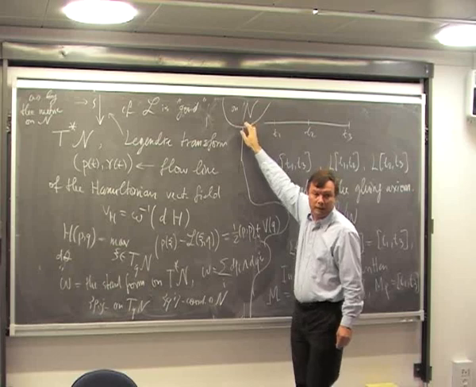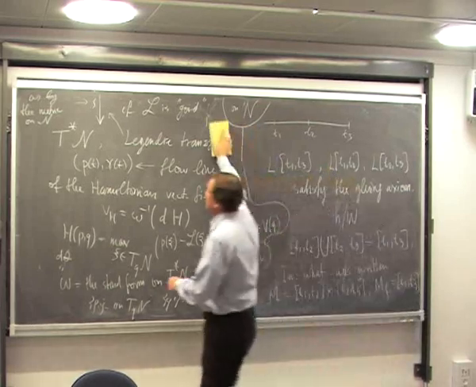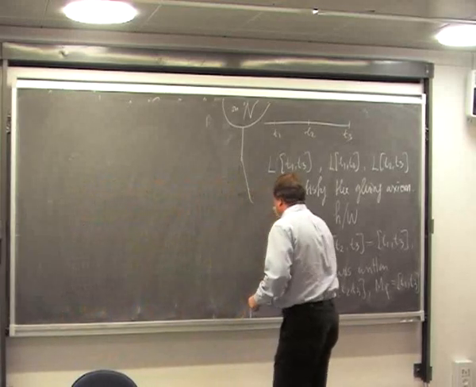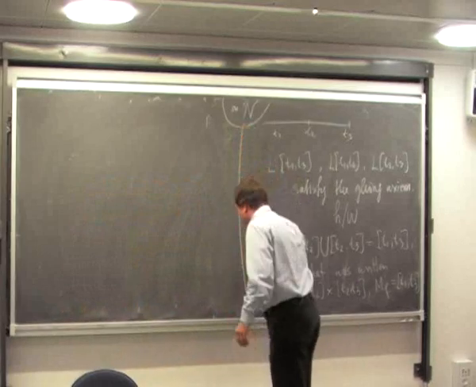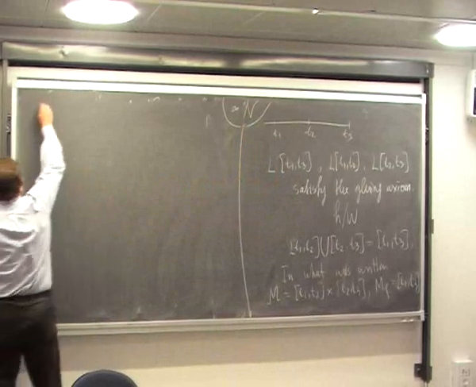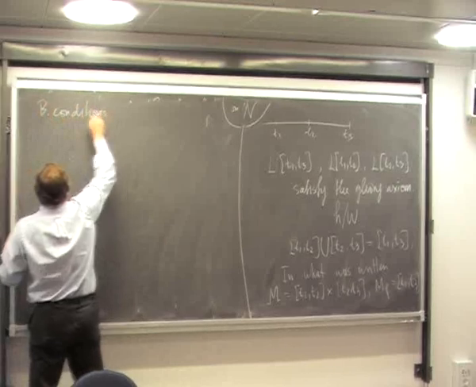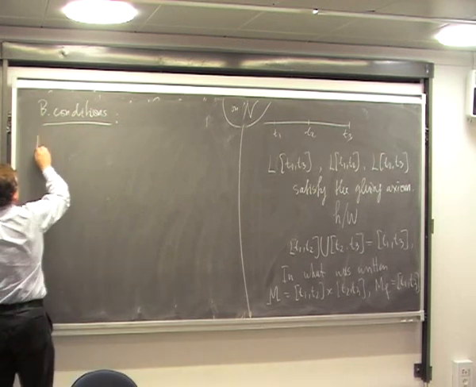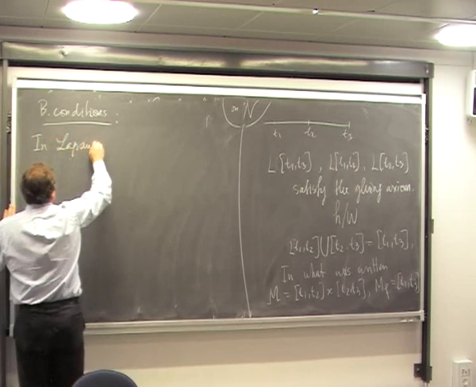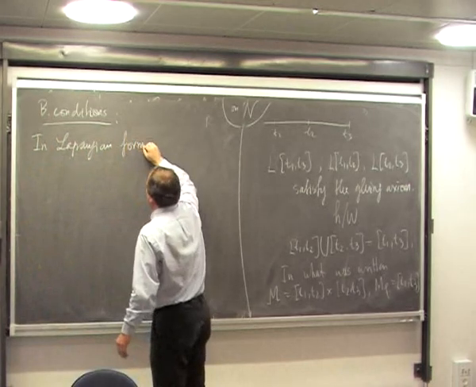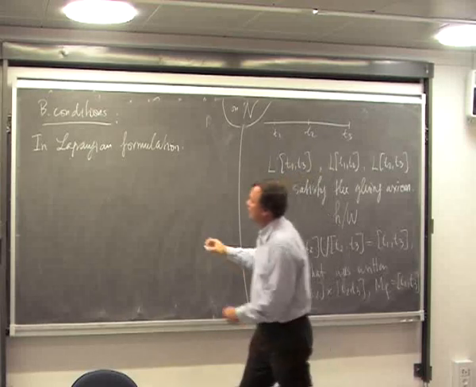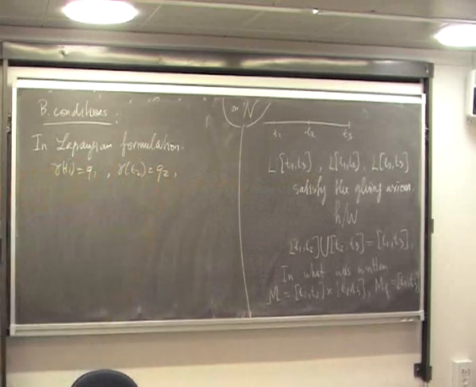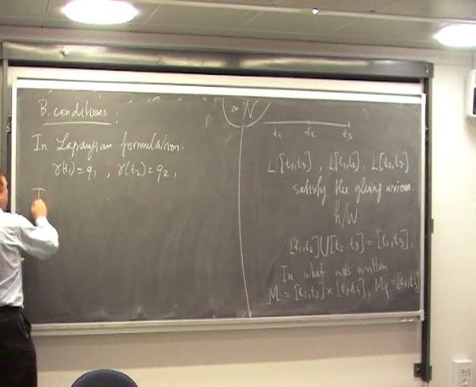These were simply points on N. So now let's, in Lagrangian formulation, the conditions were, so we had these Dirichlet boundary conditions, Q2, but now let's see what this means in Hamiltonian formulation.